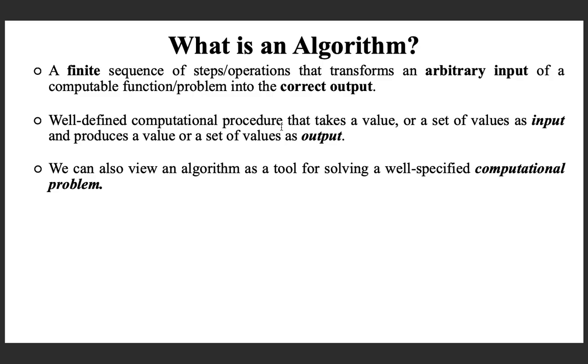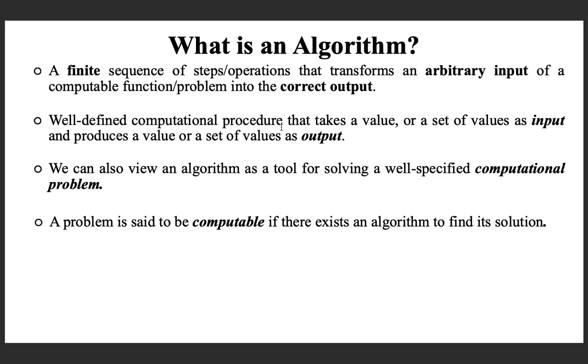Given an algorithm, the computational problem is getting a solution, and in that way we can define computable problems. A problem is said to be computable if there exists an algorithm to find its solution.